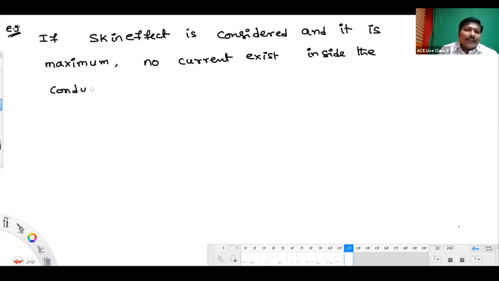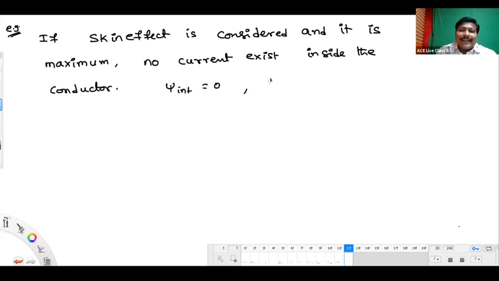If we don't have any current inside the conductor, what will happen to the internal linkages? Listen to this question, Gopal. 0. We don't have any internal linkages.